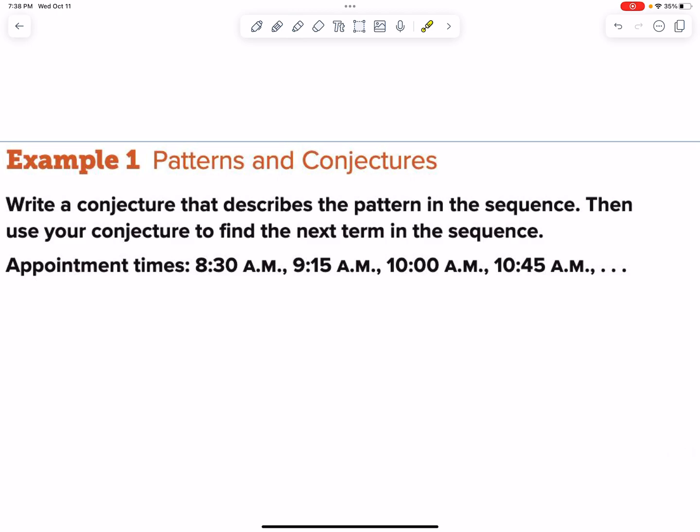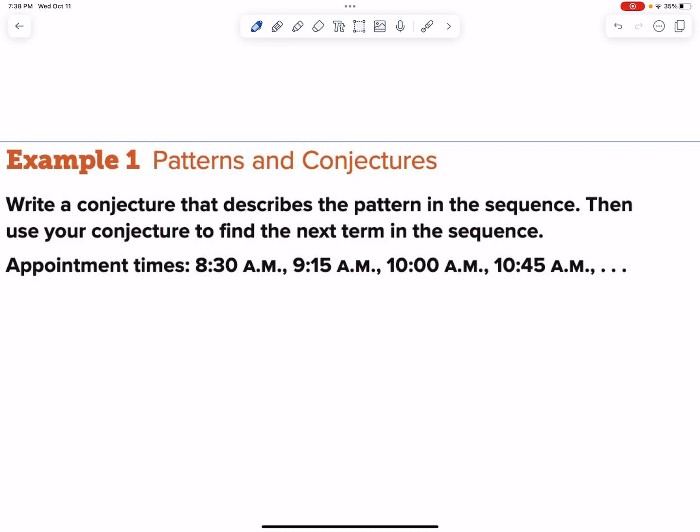As we move forward, in example 1 you can see it wants us to write a conjecture based on the pattern of the sequence and then use your conjecture to find the next term. So our answer isn't simply the next term or the next 3 terms in the pattern, but we want to write a statement based on what we see. You have appointment times here, and if we look, each appointment time is 45 minutes later than the one before.